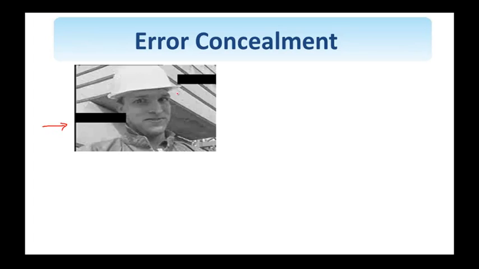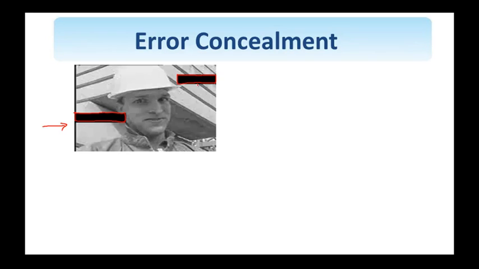This is a frame of a video, and these black rectangles indicate packets which were lost, and therefore the intensity information is lost. So we try to recover the lost information. This is a recovery problem that is typically referred to as an error concealment problem, since we try to conceal the errors that were introduced by the channel.